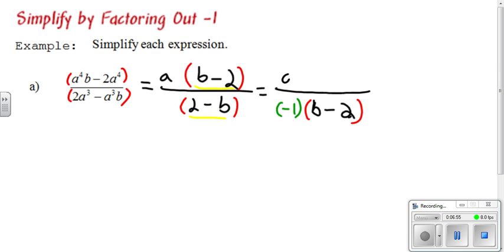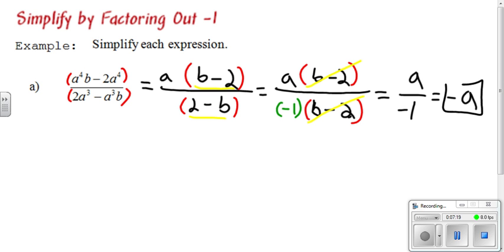And then on top, we still have our a times b minus 2. So now these are the factors that we're working with. From here we can notice we have a b minus 2 and a b minus 2 that we can take out. So we're just left with a over negative 1, which in the end is negative a. So our most simplified version of this expression comes out to just negative a.